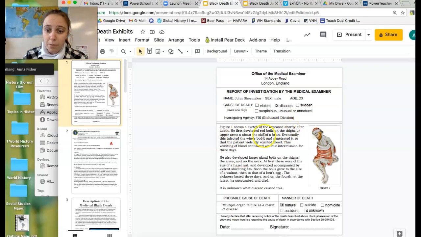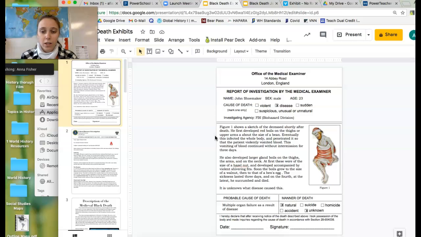you will first develop these red boils on the thighs or upper arms about the size of a bean. Eventually, this infects the whole body and penetrated it so that the patient violently vomited blood. This vomiting of blood continued without intermission for 3 days.